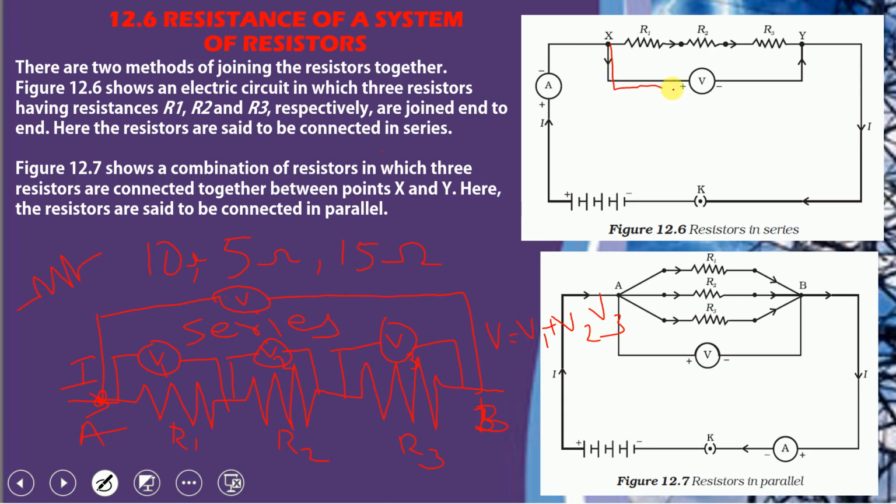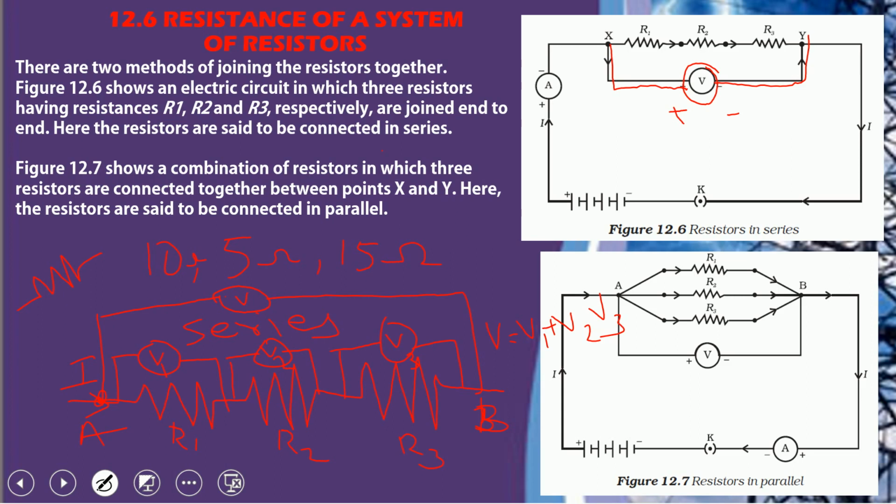Look, here it is X and Y, across which V is there. You know that polarity, plus and minus, is very important. This is the setup of resistances in series. The resistors are connected one after another, or end to end, in such a way that the same current passes through each resistance. The potential difference across each resistance will be different.